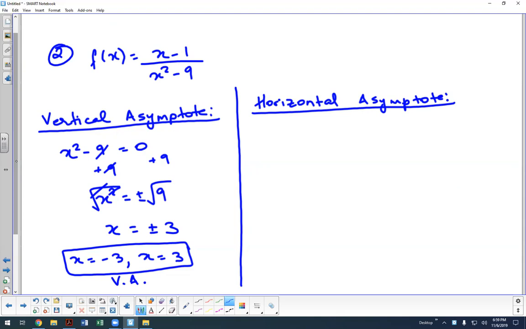So when I'm trying to find the horizontal asymptote for this, I'm going to take my x minus 1 over x squared minus 9. And remember, we divide each term by the highest degree of the x value, which in this case will be x squared. So you're taking each expression and dividing it by x squared.